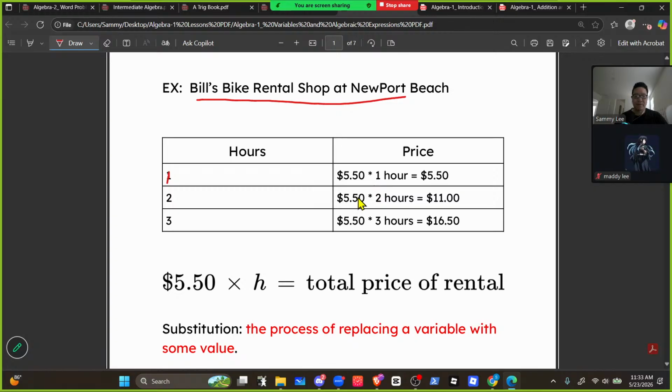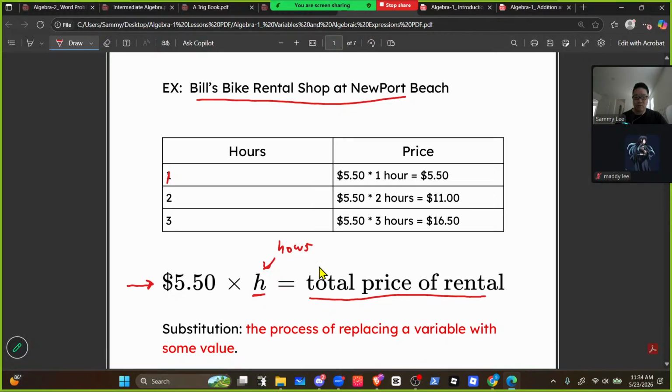For 2 hours, it's 550 times two. 3 hours, 550 times three equals 1650. If we were to write an equation for this scenario, it would look something like this. We have 550 times H, where H stands for hours, and that's going to equal the total price of the rental for that hour.